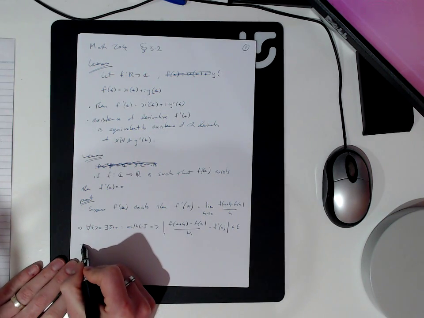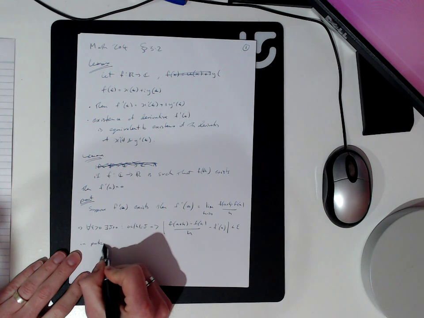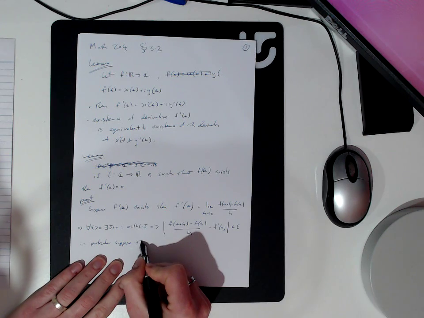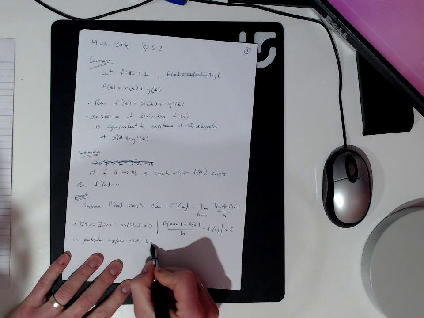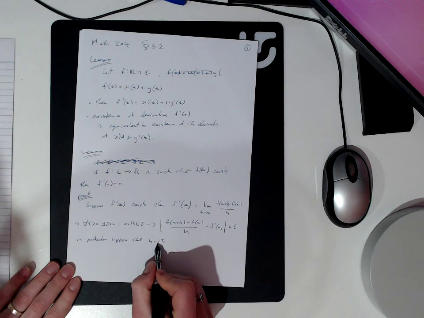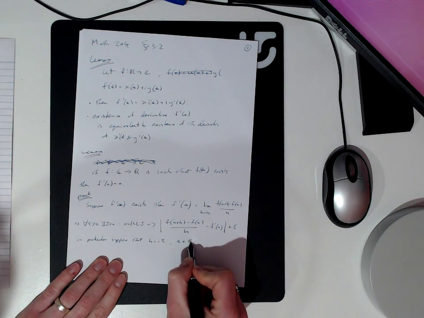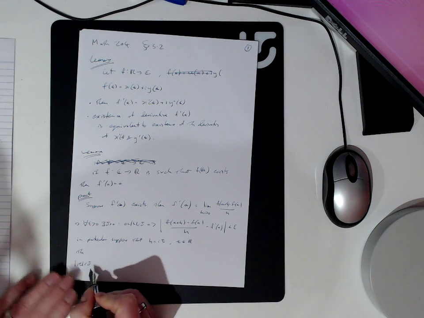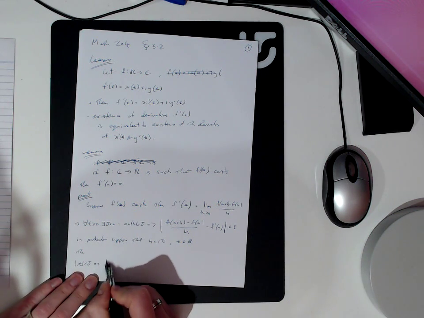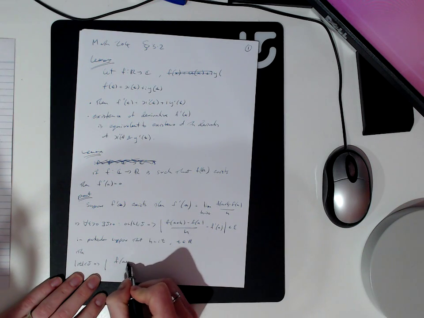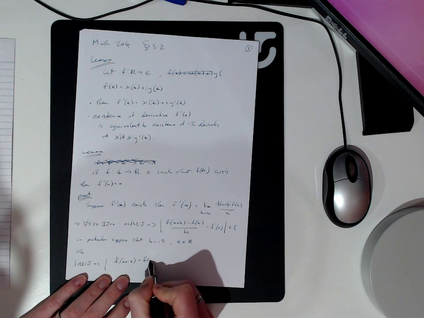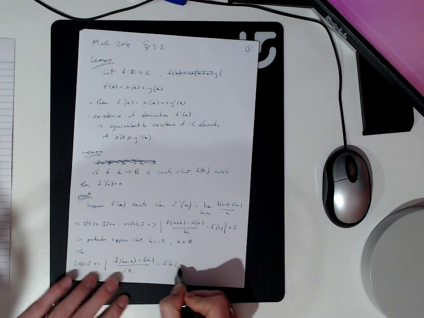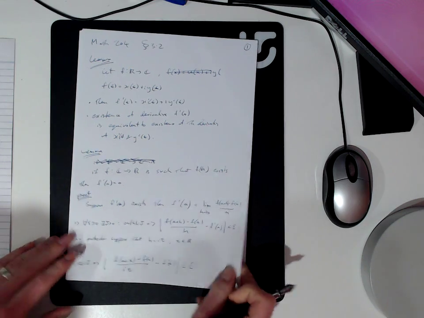In particular, suppose that h equals it, and t is in the real numbers, then the absolute value of it being less than delta is saying that the absolute value of f a plus it minus f a over it minus f dash of a is less than epsilon.